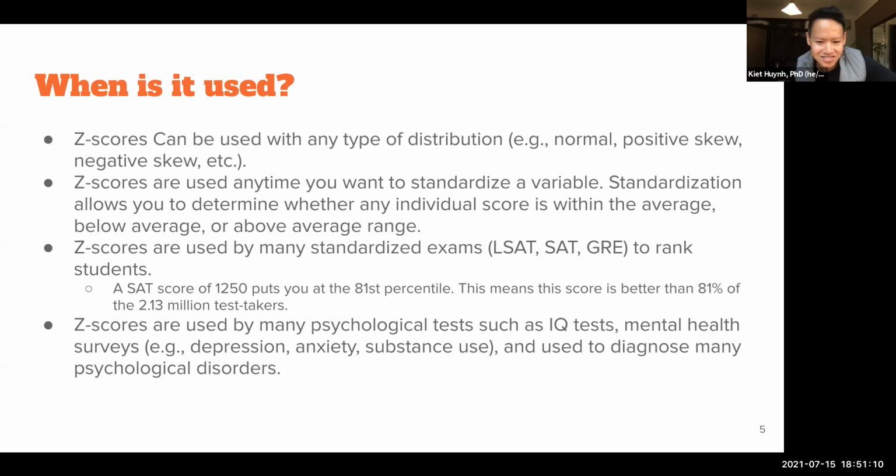Like law knowledge is a variable. And the only way to decide who to let into a certain program based on, let's say, our LSAT score is to compare students to each other to see who ranks higher. And so in order to know those rankings, you have to use these scores.